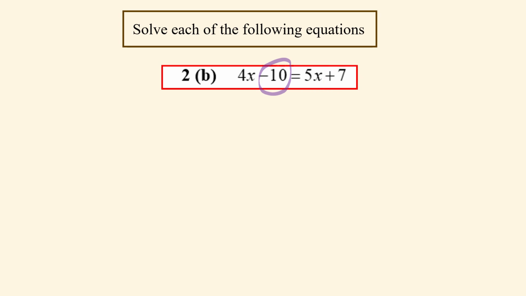To get rid of negative 10, I just need to add 10 to both sides. This equation will become 4x equals 5x plus 7 plus 10. So plus 7 plus 10 will give you positive 17.